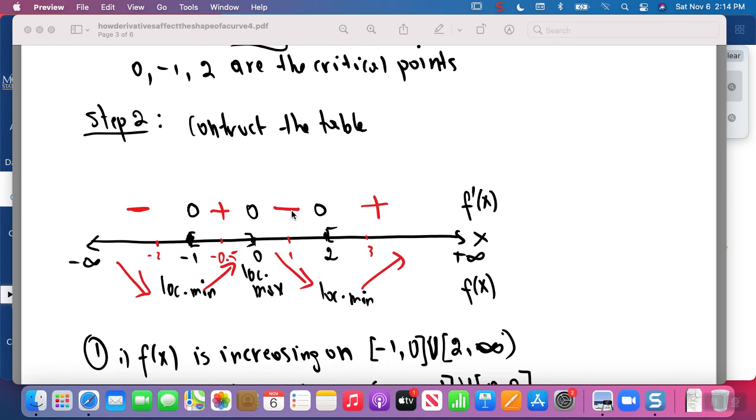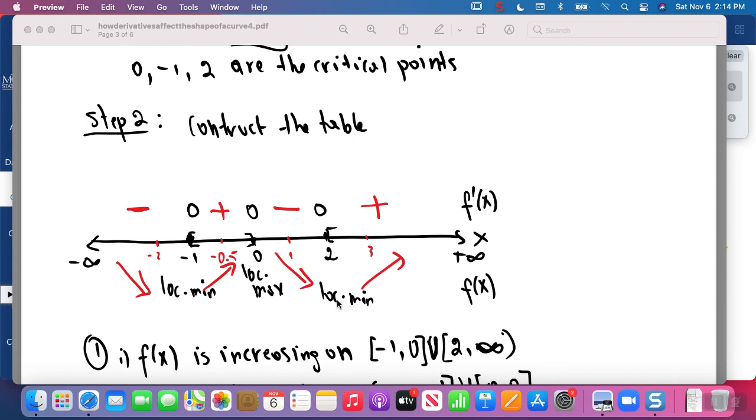And again, we check the next. Here the first derivative is going from negative to positive at x equals 2. So we say f of 2 is a local minimum.